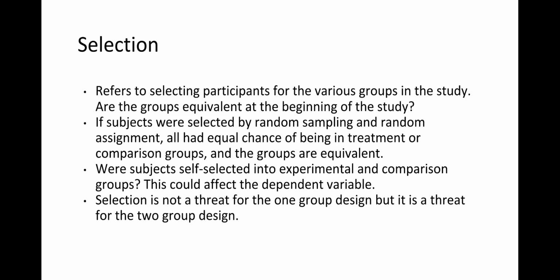Selection refers to the selecting of variables for the various groups in the study. Are the groups equivalent at the beginning of the study? We call it selection bias. Selection bias is huge.